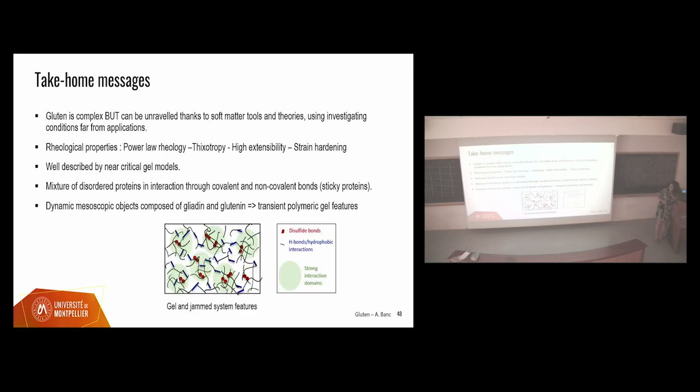So the image that we have of gluten presently is the following. A polymeric gel of protein cross-linked by some disulfide bonds, but more importantly by hydrogen bonds, maybe hydrophobic bonds as well, and characterized by this heterogeneity of interaction that makes a heterogeneity in the sample that could be important in the behavior of the sample and could confer maybe jammed system features.